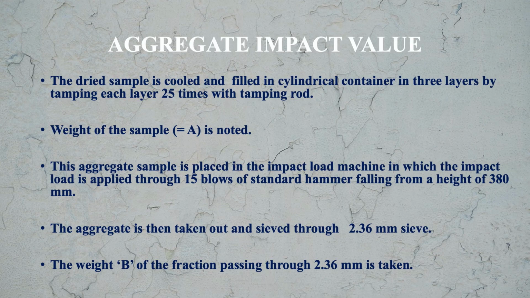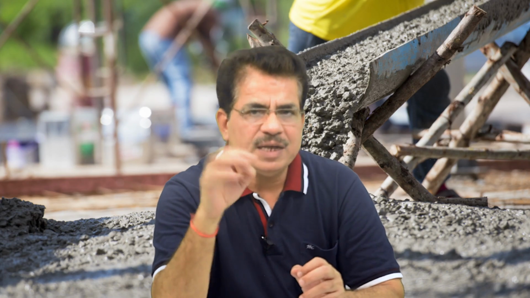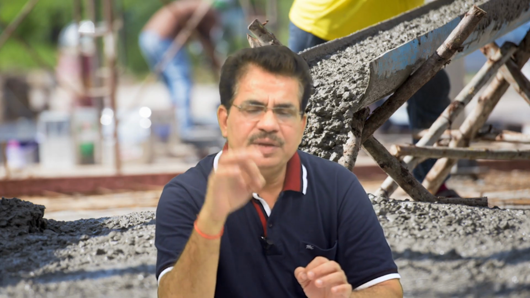Now the aggregate is taken out and sieved through a 2.36 mm sieve. The weight of the fraction passing through 2.36 mm is taken. Let this weight be B. So we now have two weights: weight A, the weight of the sample, and weight B, the fraction passing through the 2.36 mm sieve.